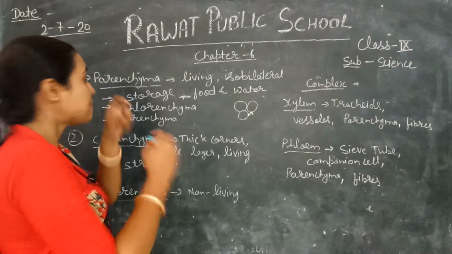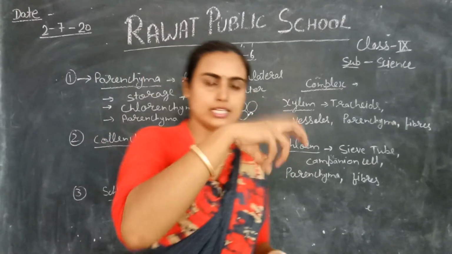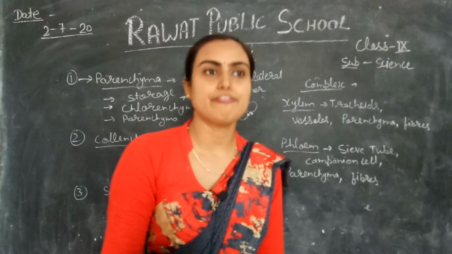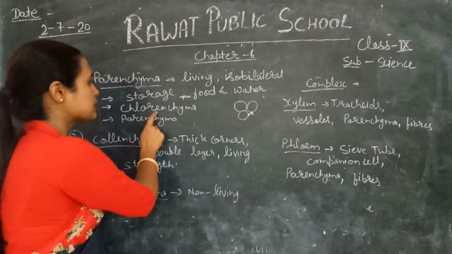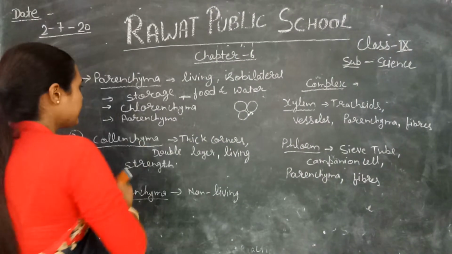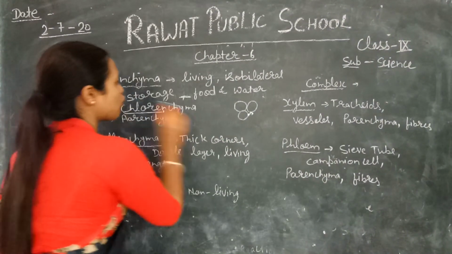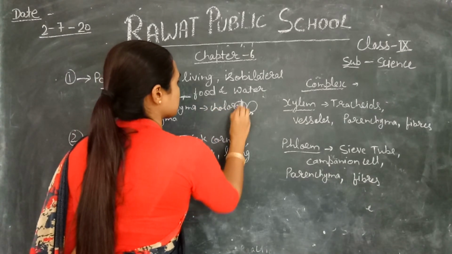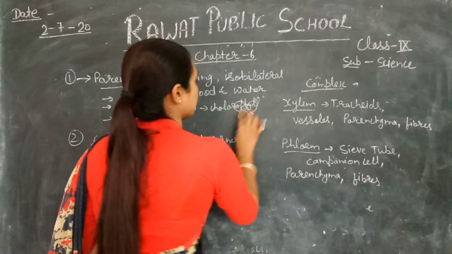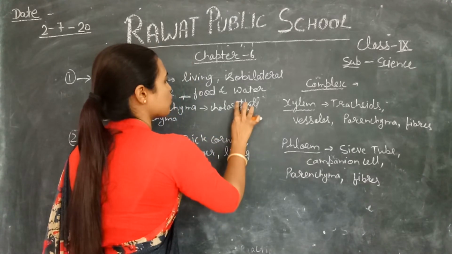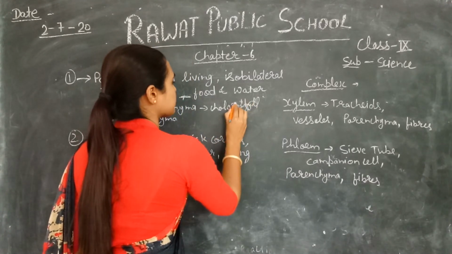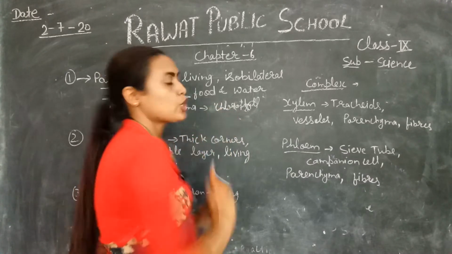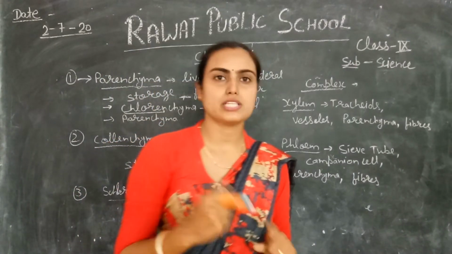Okay, next, parenchyma is present in different parts of the plant and performs different functions. For example, one is chlorenchyma. Chloro means chlorophyll. You know what chlorophyll is, right? Chlorophyll is a pigment present in the plant.